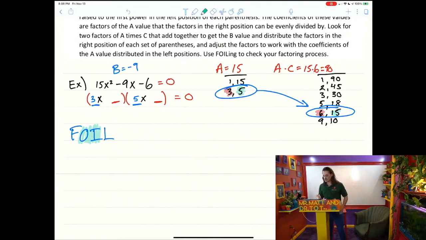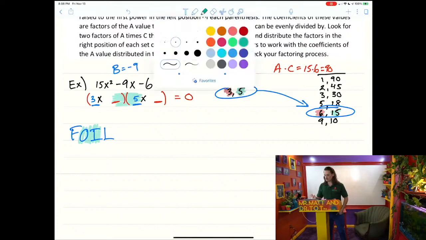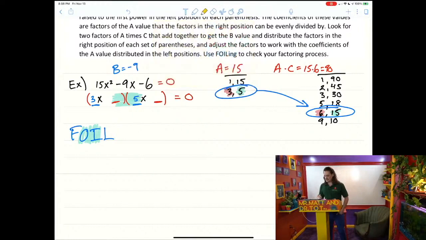So you need to make sure that the inner and the outer positions work together. You do that by matching up the values that are directly divisible with each other. So 15 is divisible by 5, so I'm going to put the 15 over here. 6 is divisible by 3, so I'm going to put the 6 on the right-hand side.